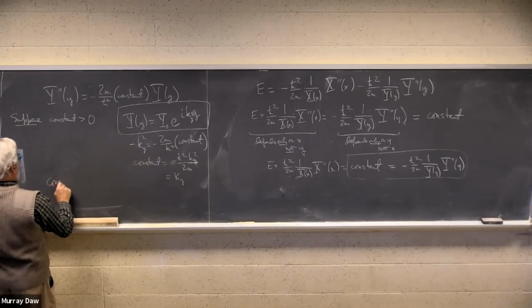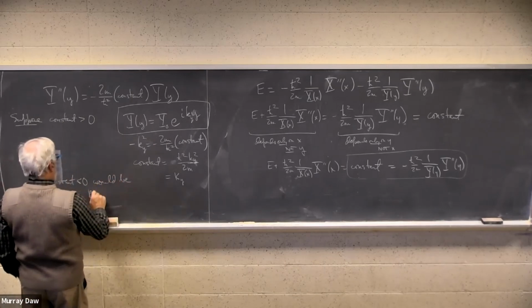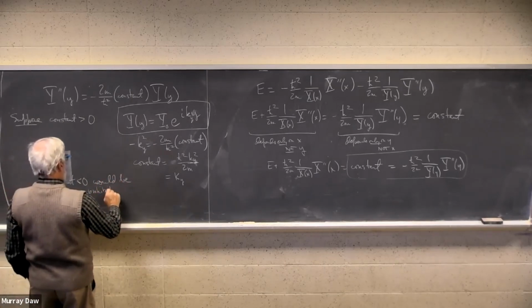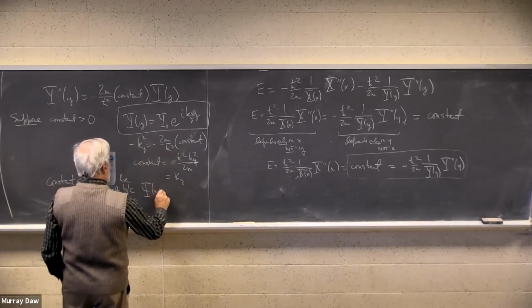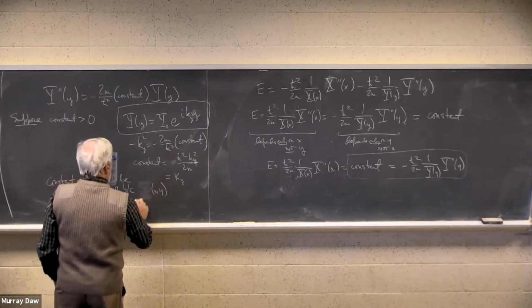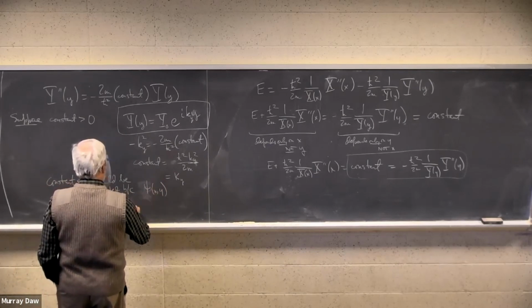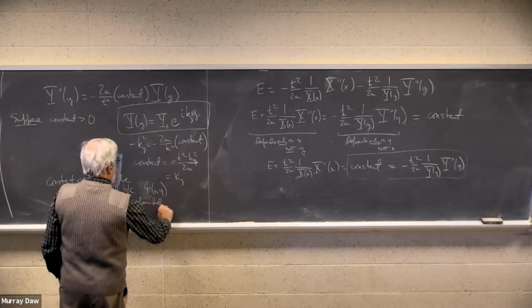So a constant less than 0 would be prohibited because psi of x and y would grow unbounded in y.